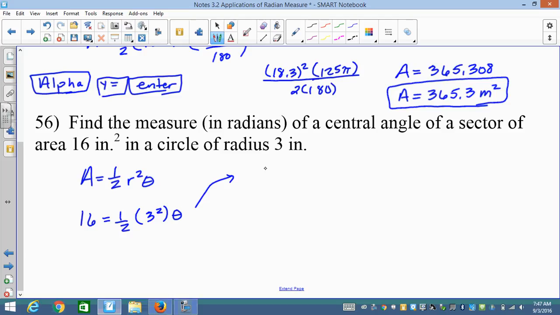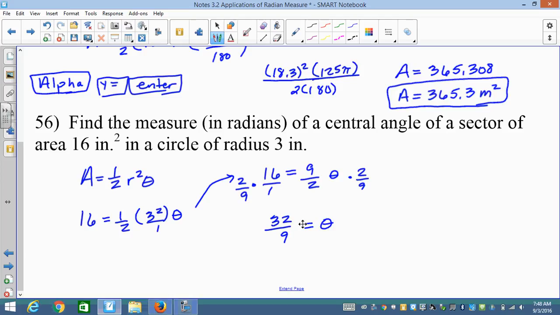So we get 16 equals 9/2 theta. Remember, this 2 is in the denominator. 3 squared is 9. I'm going to multiply both sides by 2/9. So I get 32/9 equals theta.